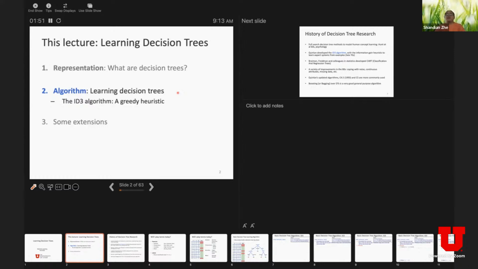Yes, exactly. So I want to add a little bit more detail. A decision tree is a hierarchical structure that summarizes the data. You can view each node in the tree as representing a particular set of the data examples. The global root node corresponds to the whole data set.